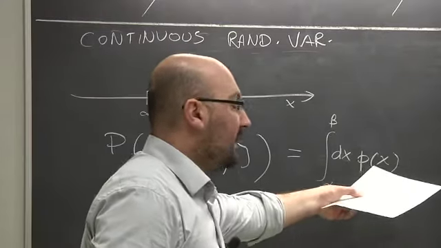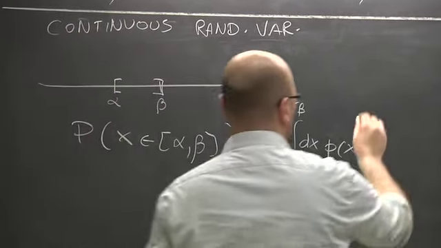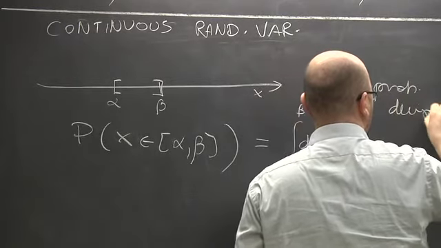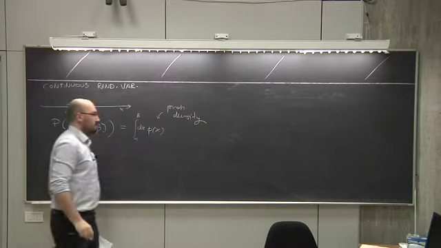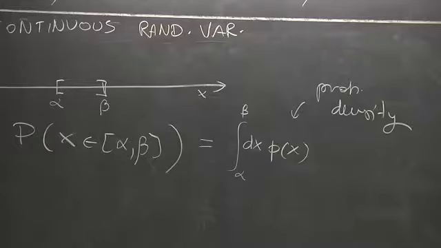Then p of x is called the probability density.